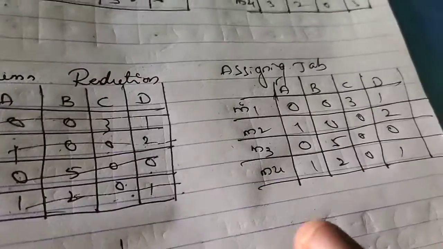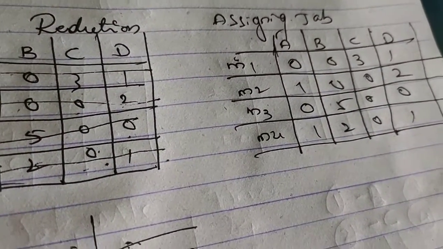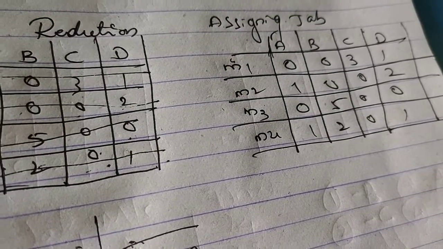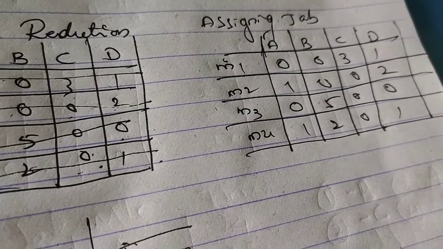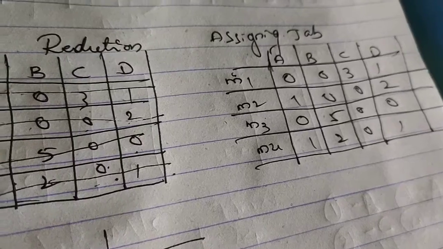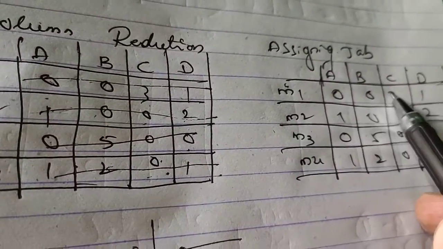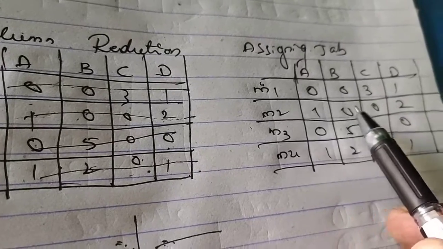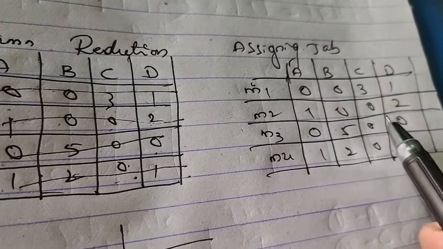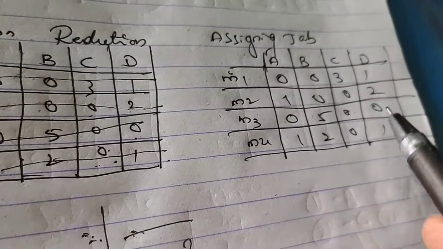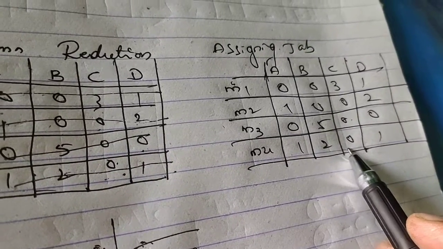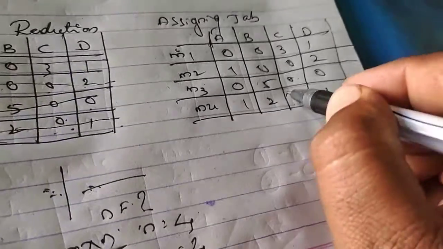Before assignment, we should cross verify which row has only one 0, and first assign for that row. The first row has 2 zeros, the second row has 2 zeros, the third row has 3 zeros, and the fourth row has only 1 zero. First assign the fourth one.